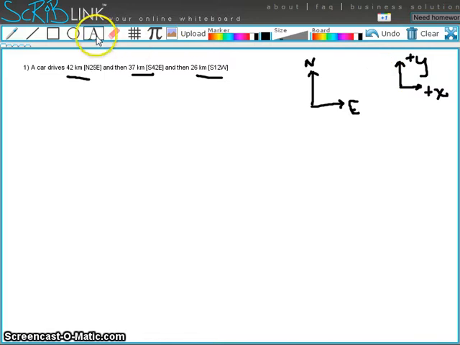Secondly, you want to make a table listing your vectors out. So we have three vectors, right? You're going to have one column that's going to define your vectors. Then you're going to have another column for your x component vector, because remember, we have to break every vector down.